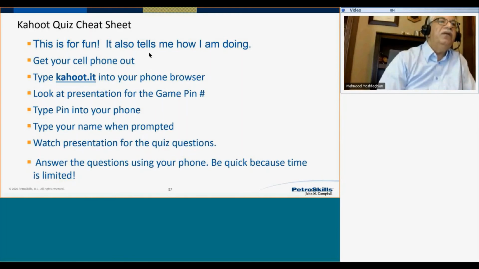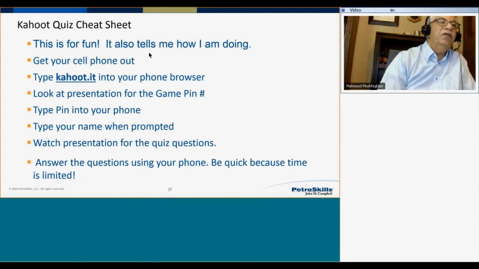In your browser, type kahoot.it, and the presentation will show you a game pin number. Type the pin into your phone. Type your name when prompted. You may use a nickname if you wish.